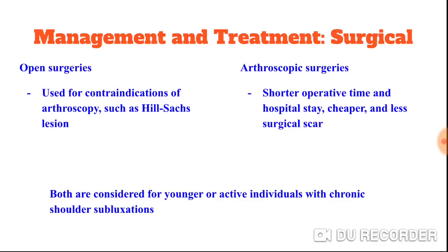Arthroscopic surgeries have a shorter operative time and less hospital stay, and they're also cheaper. However, an open surgery may be performed if there are contraindications for arthroscopic surgeries such as Hill-Sachs lesion, since that is a contraindication for arthroscopic surgery, then an open surgery would be necessary.